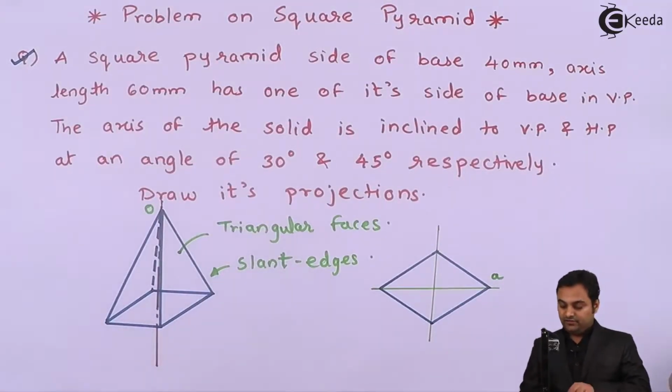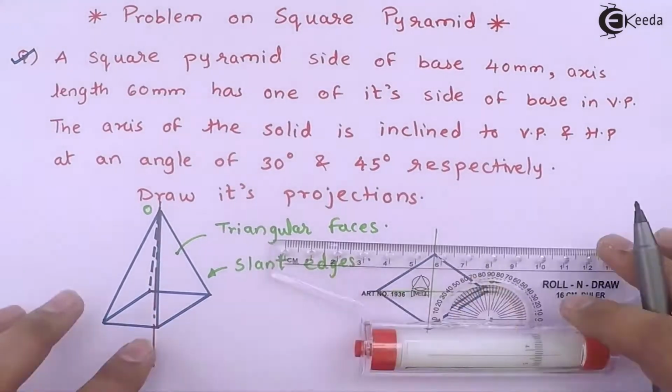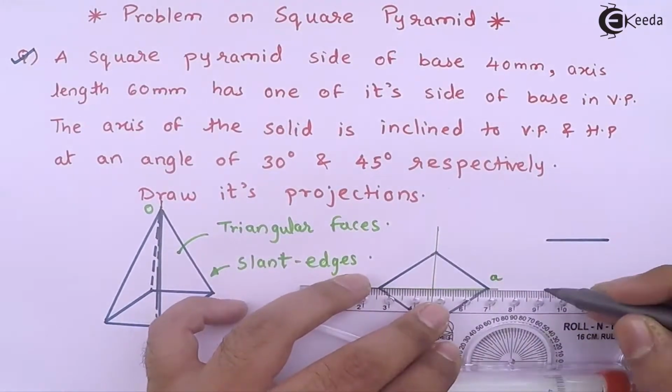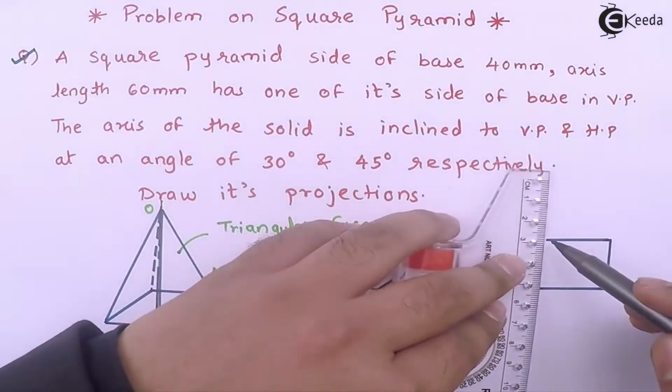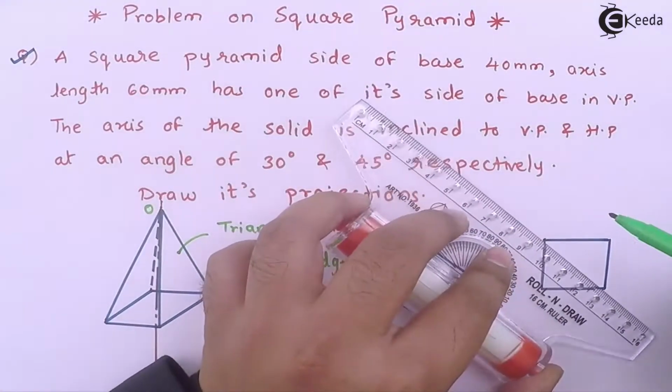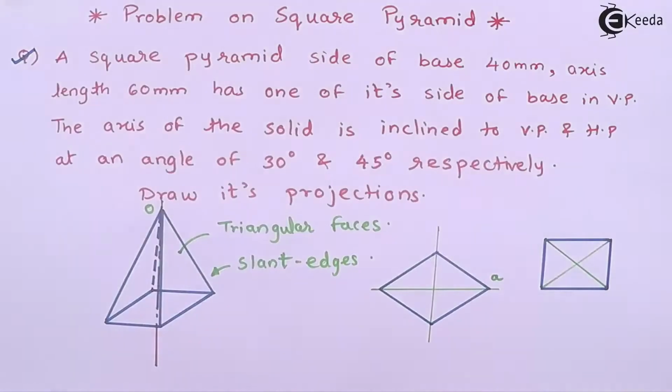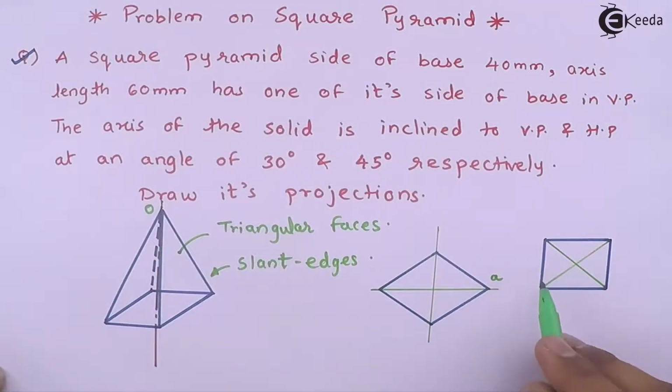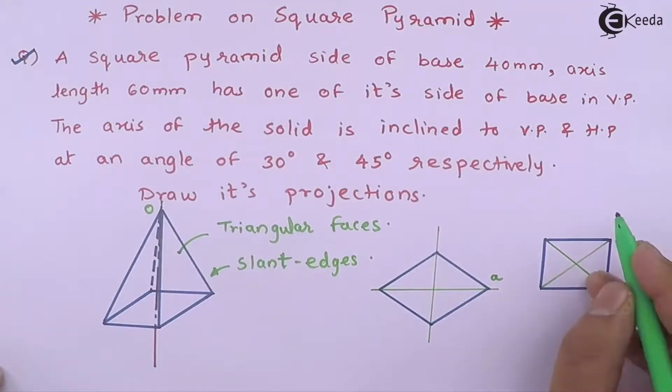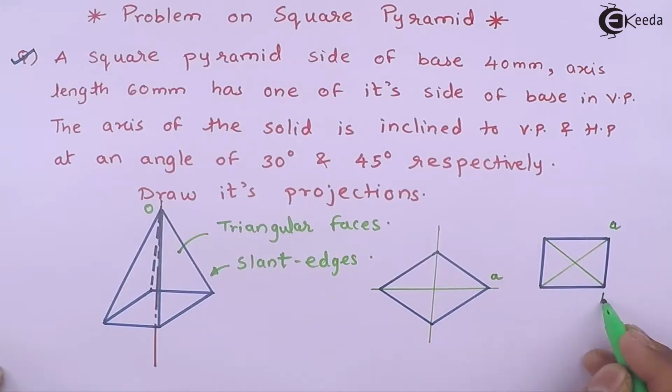Next, there is another way of drawing a square. Now in the second case, this square pyramid is resting on its side of base, or we can say edge.